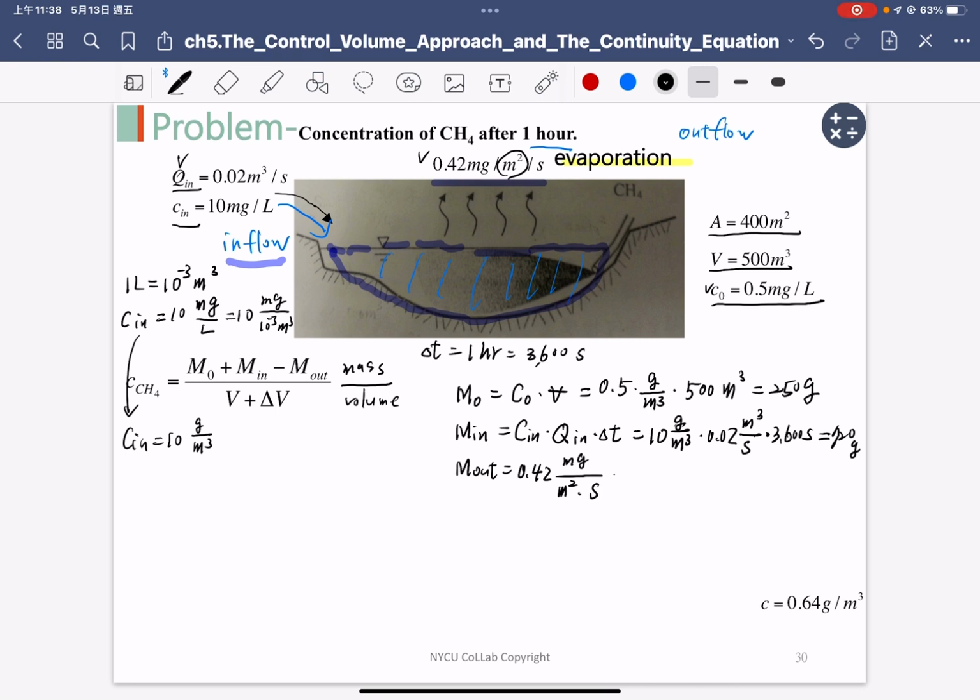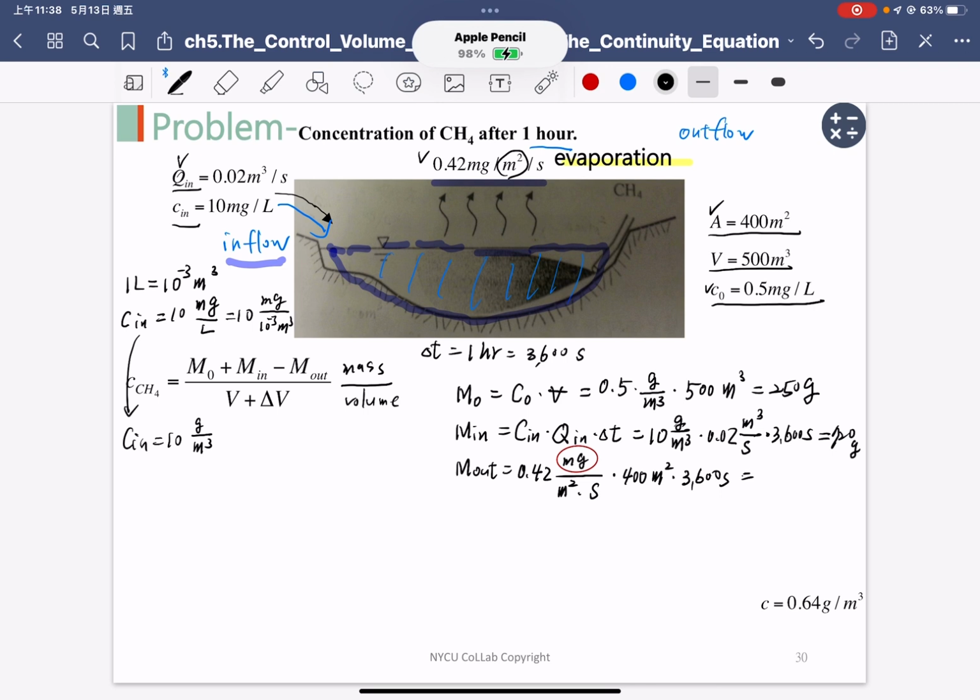And the total area of the water surface is 400 meters squared, multiplied by the time delta t, which is 3600 seconds. Notice that here the dimension is mg, so for your final answer, you need to convert it to g.